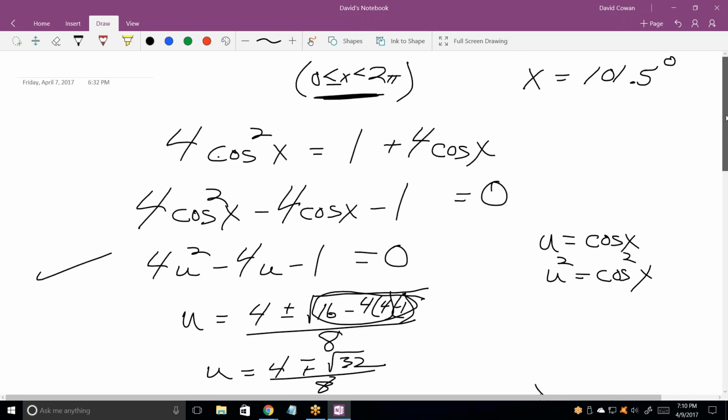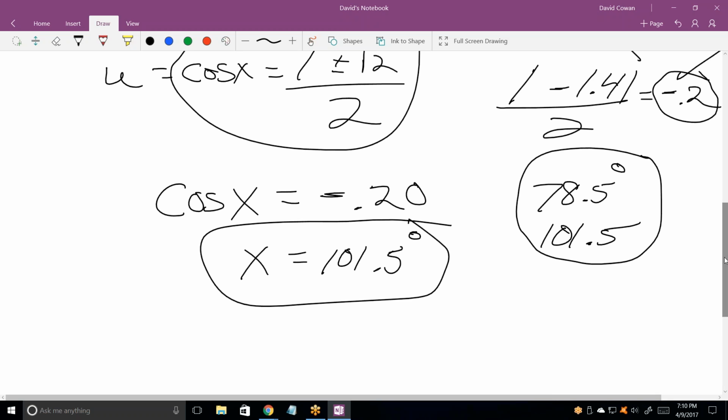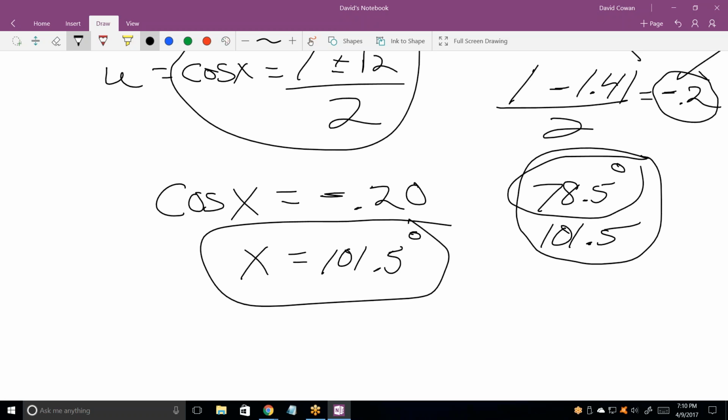Okay, so there's probably two answers. Where is the cosine negative? Well, it's negative in the second quadrant, but it's also negative in the third quadrant. So what's the equivalent of 78.5 degrees in the third quadrant?